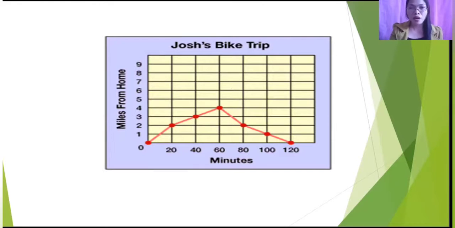So this is a clear presentation of Josh's bike ride. Do you have the same answer, or do you have another answer? Okay, if you have the same answer, then your answer is correct.